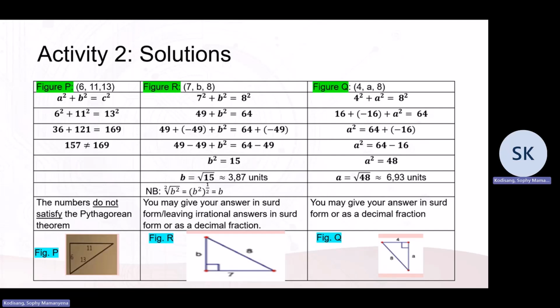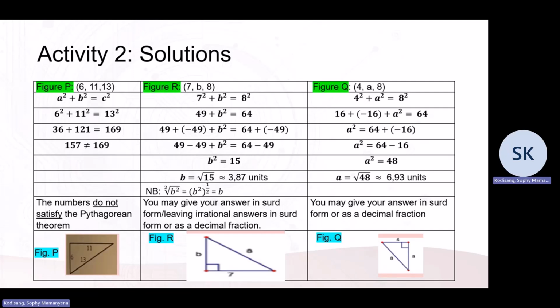The additive inverse of 49 obviously will be negative 49. So 49 plus negative 49 is the same as 49 minus 49, and that will give you 0. So B squared will remain, and 64 plus negative 49 is the same as 64 minus 49, for which the difference in this case is 15. So B squared is equal to 15.